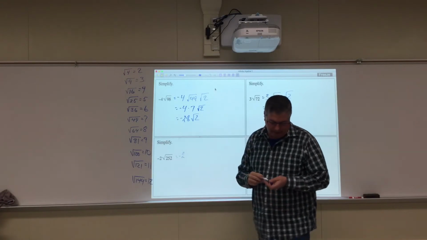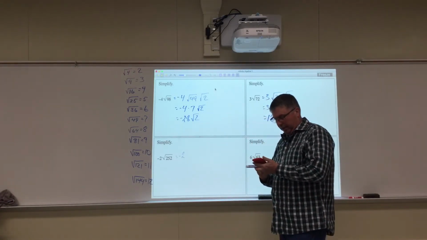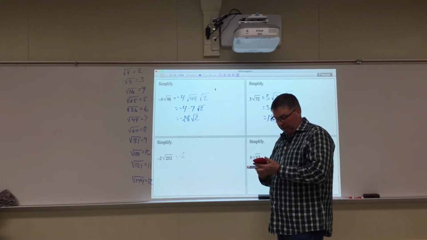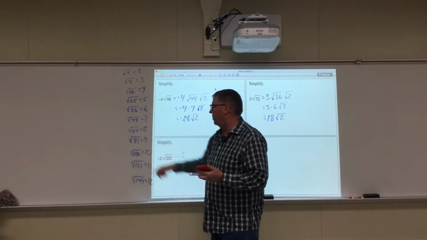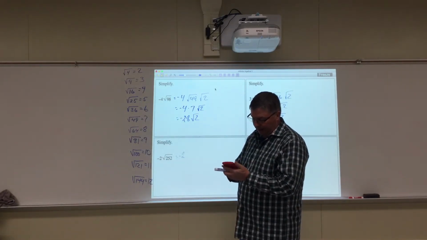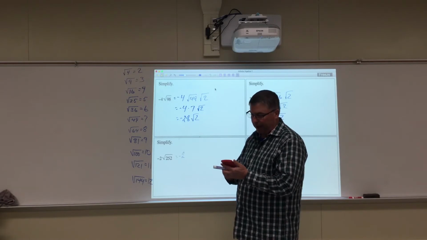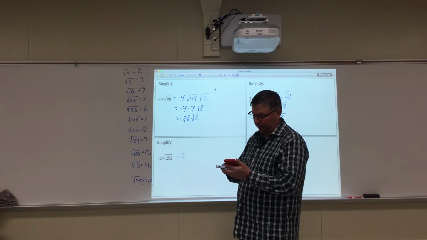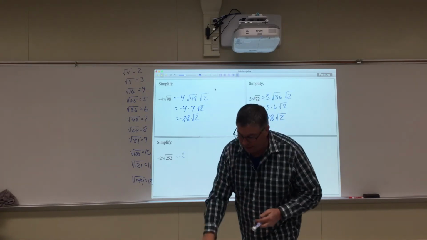252 may take some time. We can take 252 and start dividing by any of these numbers. Divide by 64, that doesn't work. 252 divided by 36 is equal to 7.